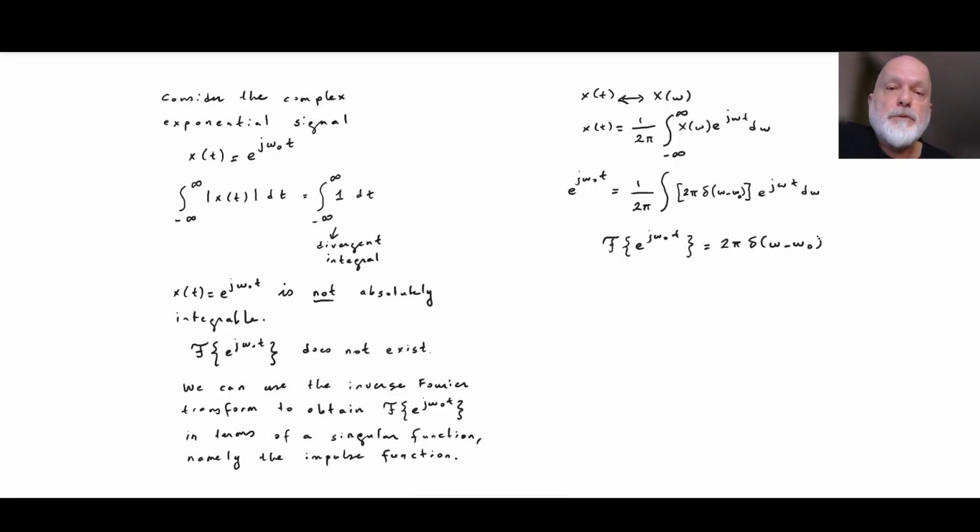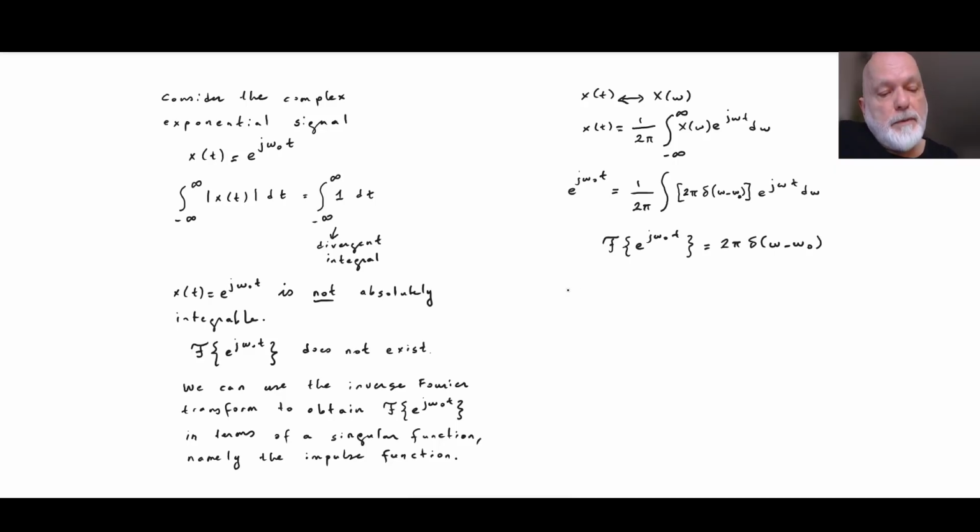We have obtained the Fourier transform, but it is now a singular function rather than the well-behaved Fourier transform of absolutely integrable signals. In that case, the Fourier transform has a finite magnitude for all frequencies from minus infinity to plus infinity.